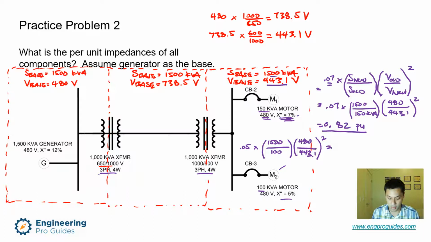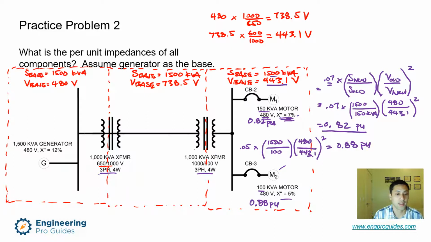We're going to get 0.05 times 1500 divided by 100 times 480 divided by 443.1 quantity squared. And I'm going to get 0.88.